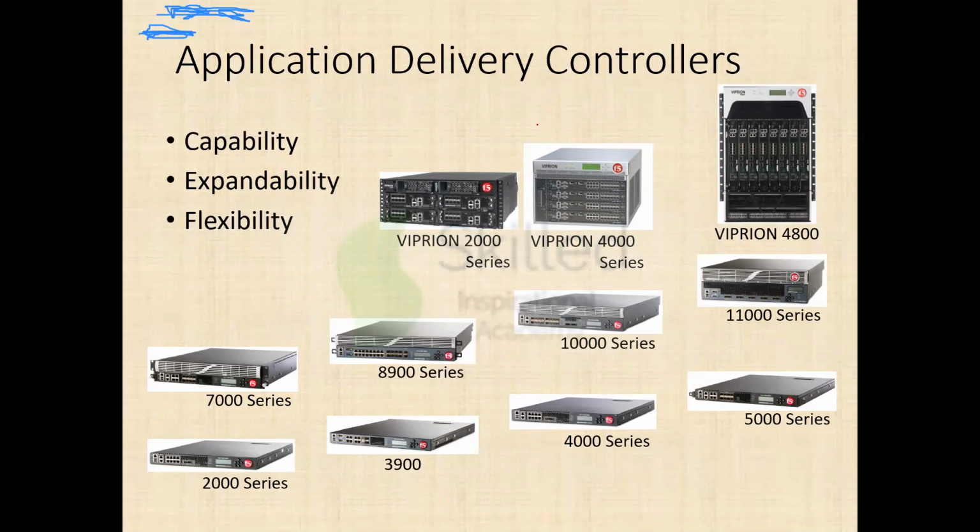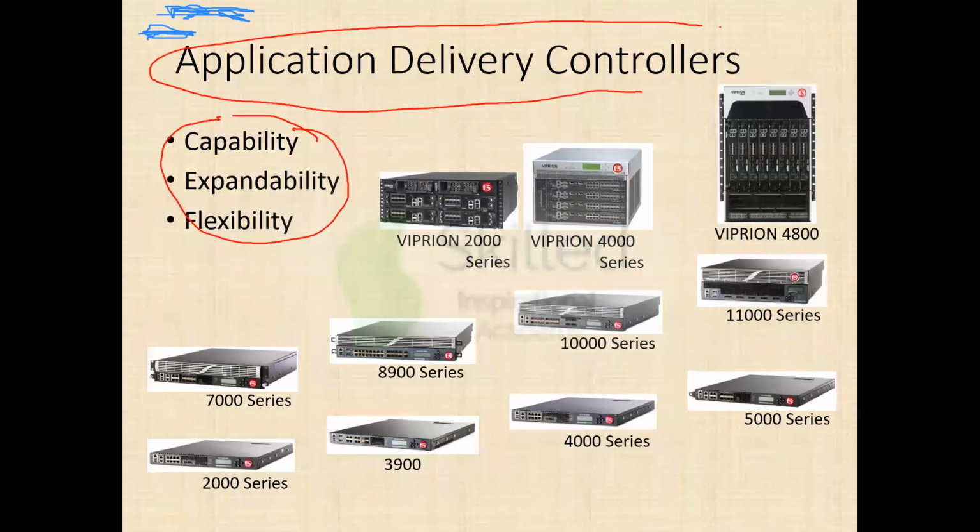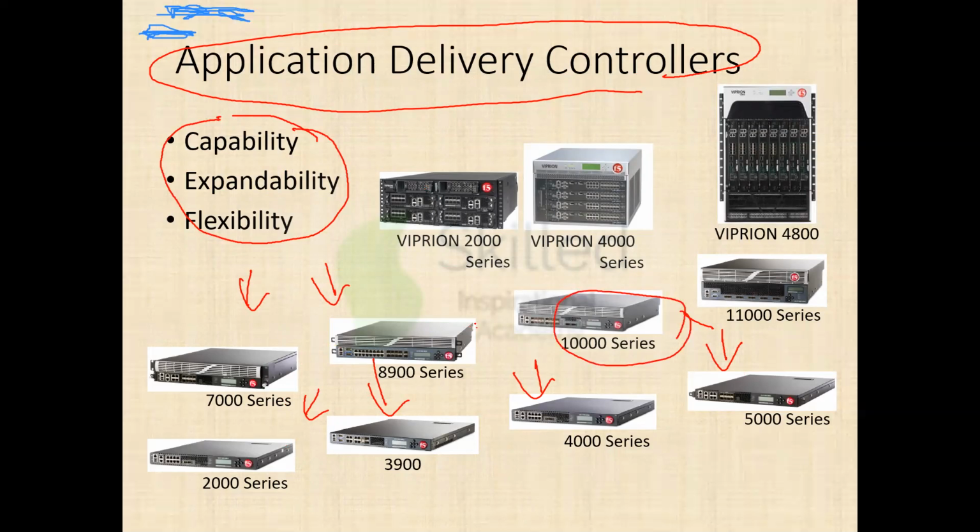All of this hardware is available, and it depends on which module you need to deploy based on your capability, flexibility, and expandability. All these products are called application delivery controllers. These are the hardware available in the market: 2000 series, 3000 series, 4000 series, 5000, and higher capacity models depending on your throughput and SSL sessions.